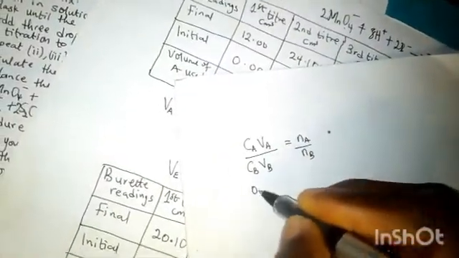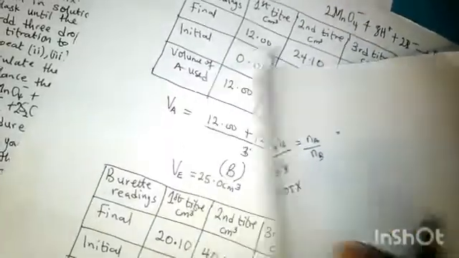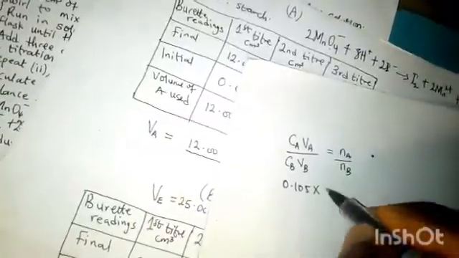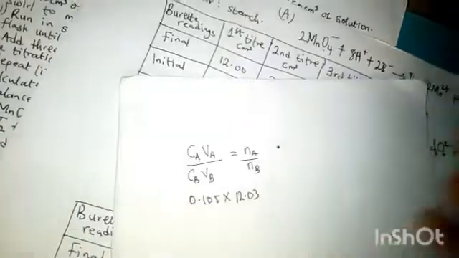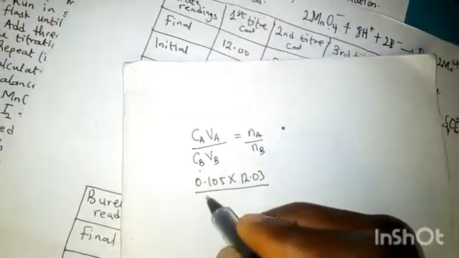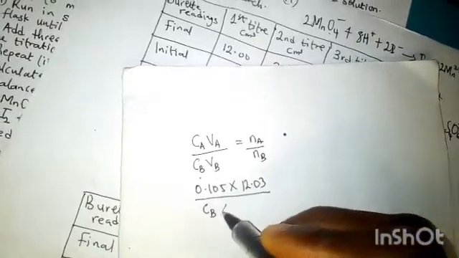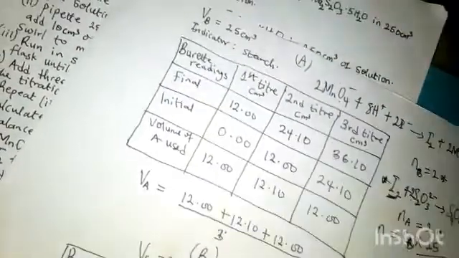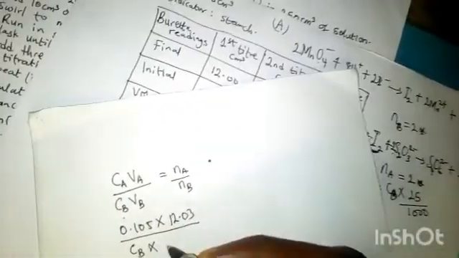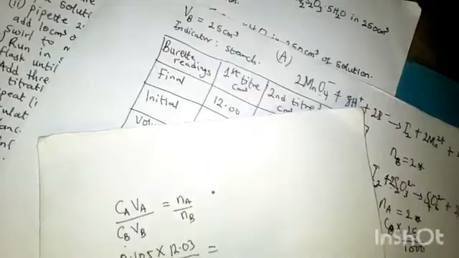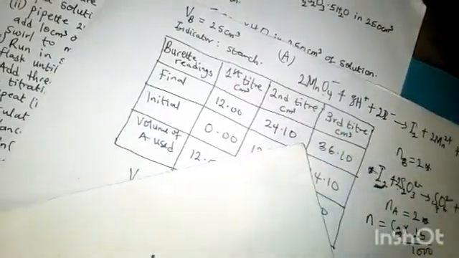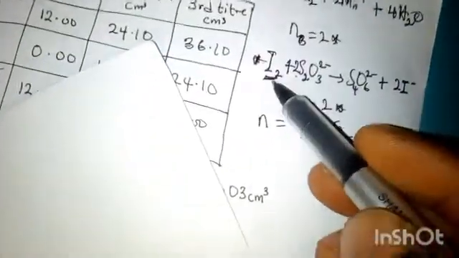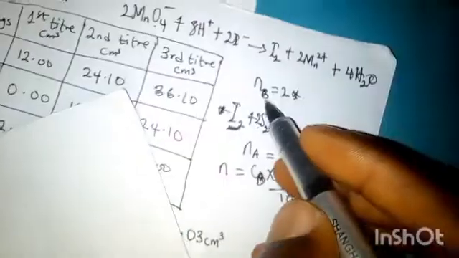So I'll use 0.105 times VA, which is the average titer, 12.03, all over CB, which is what we are looking for, times the volume of B. The volume of B is now 25 in this reaction, equals the number of moles of A, which is 2, over the number of moles of B. Instead of using 2, we are now going to use 1, because this does not directly react. From there we'll be able to find our CB.